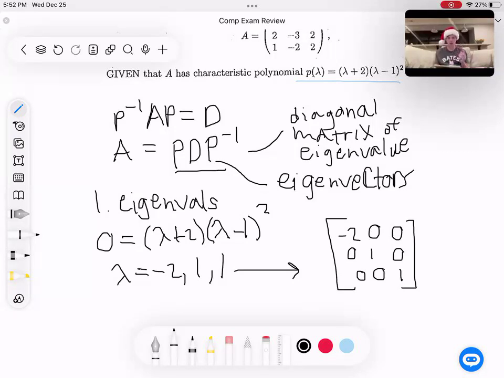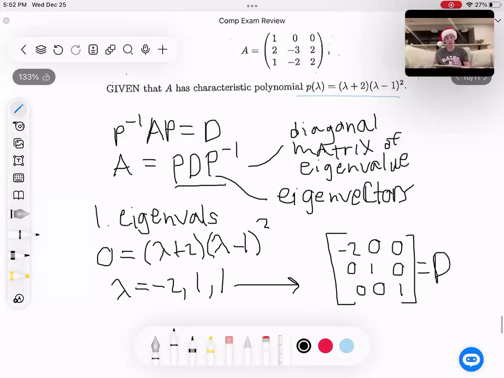I believe that the answer to that question is no, although if you know this answer and I'm wrong, please correct me in the comments. However, you want to make sure that the columns of the matrix P that have the eigenvectors line up with the associated eigenvalues, which is something that we'll talk about later. If that doesn't make any sense yet, that's totally fine. So that is D, our diagonal matrix.